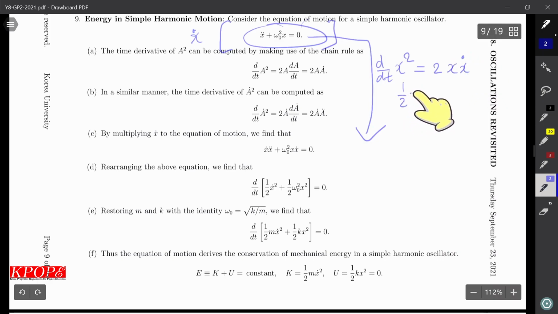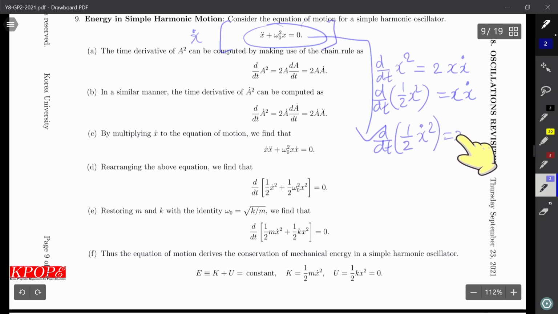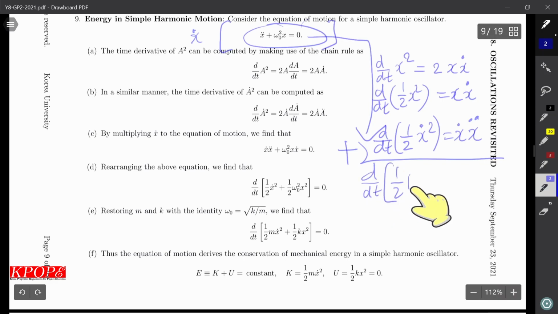Hence, the time derivative of one half x squared is x times x dot. In a similar manner, the time derivative of one half x dot squared equals x dot times x double dot. So the sum of these two, the time derivative of one half x dot squared plus one half omega 0 squared x squared, equals x dot times x double dot plus omega 0 squared x times x dot.